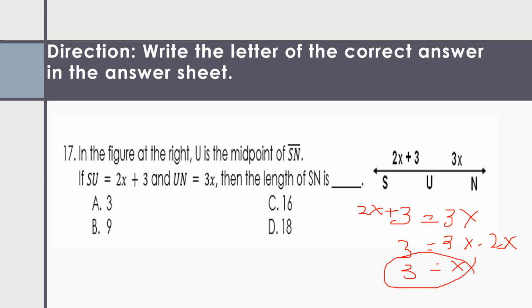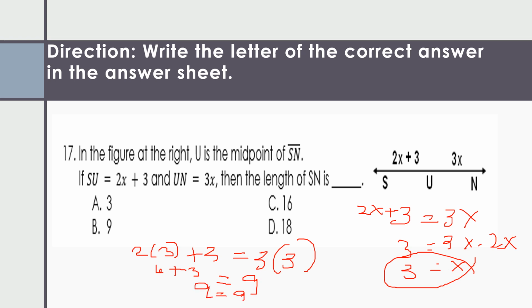The question is, what is SN? Just substitute the value of x: 2 times 3 is 6, plus 3 equals 3 times 3 is 9. So 9 equals 9. Okay, so the answer is A.